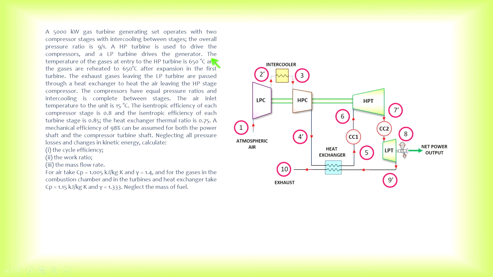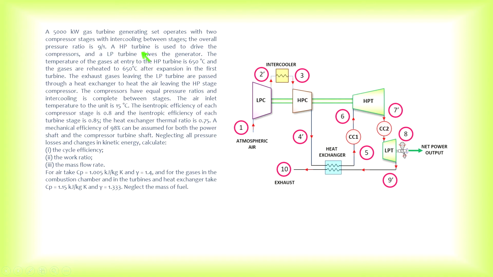So the outermost two pressure lines in your TS diagram, the highest is 9 and the lowest is 1. If the intake pressure of the low pressure compressor is 1.01 bar, then the highest pressure line should be 9.09 bar. So that is the pressure ratio.